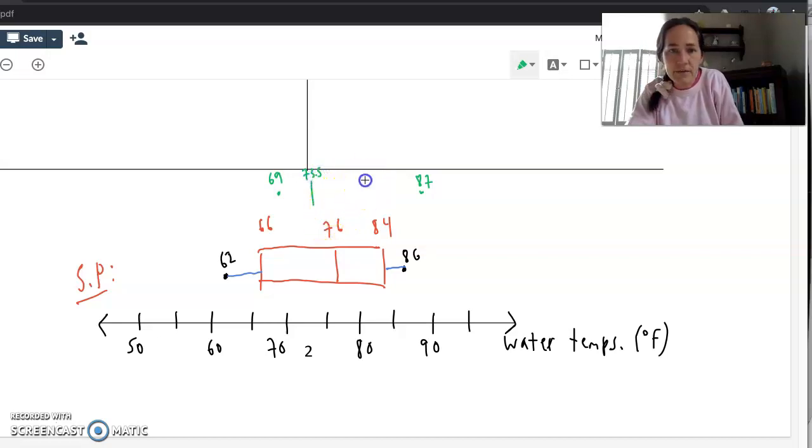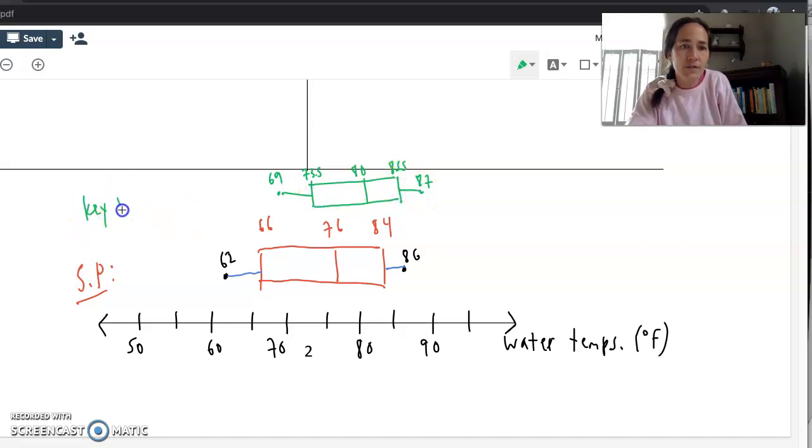Median is 80. And Q3 is 85.5. So 85.5. And let's connect those and make a box. And you've got the whiskers too. And this will represent Key West. Like that. Pretty cool.